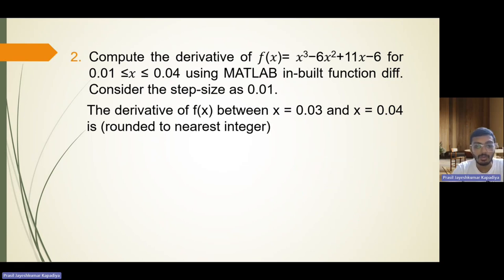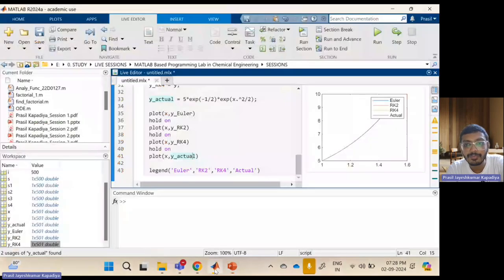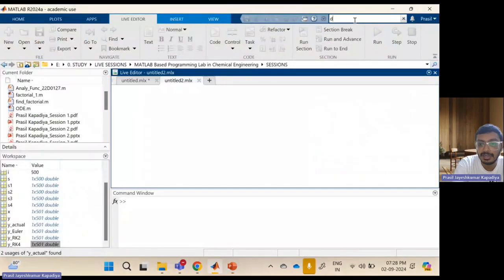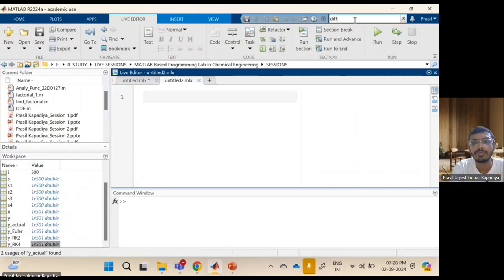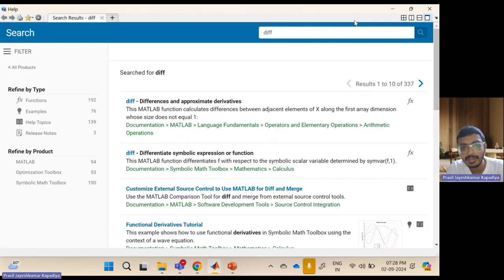Okay, so let's first check what is diff. So I'm writing diff, and let it show what diff really does.